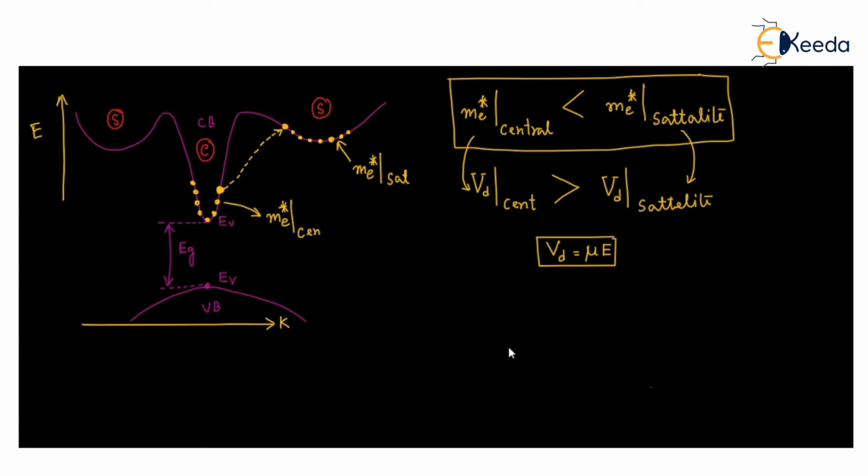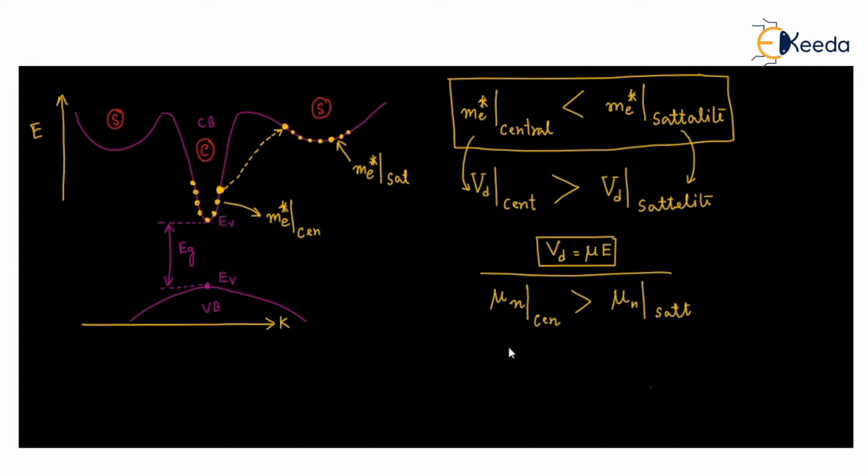That means the mobility value of the electron, that is mu n, at the central valley will be greater than the mobility value of the electron at the satellite valley.